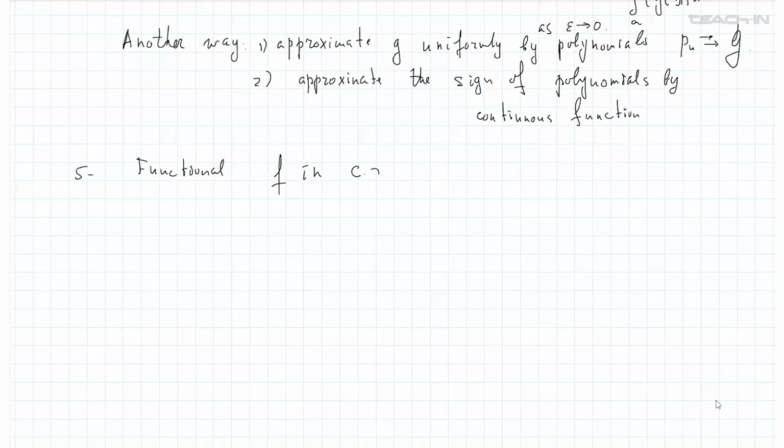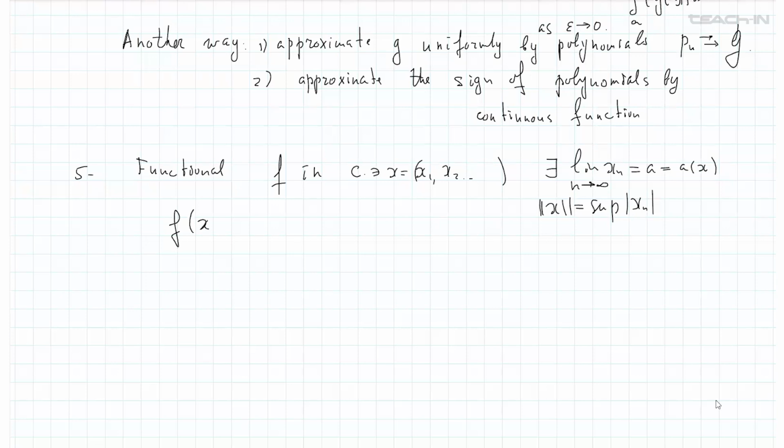Small c, I remind you, is the space of converging sequences. A, which depends on x. The norm of x is the supremum. The functional looks as follows.